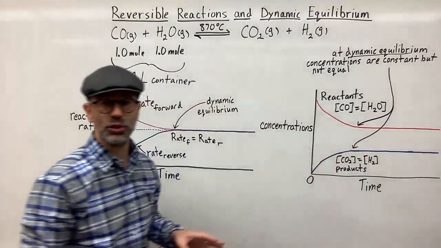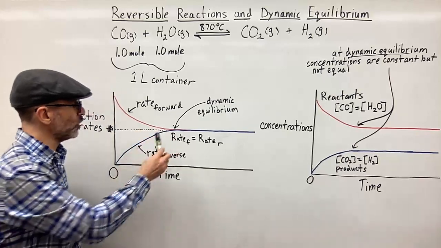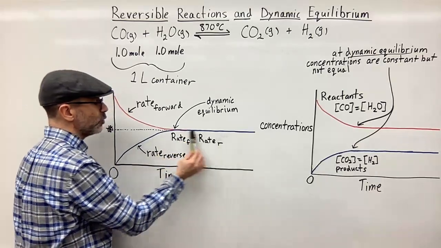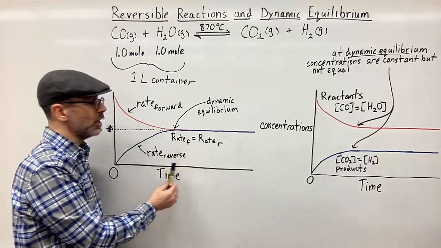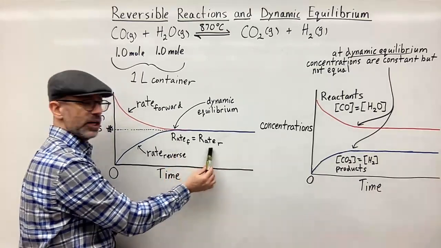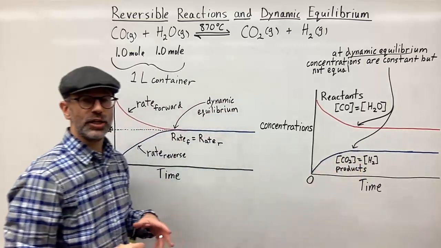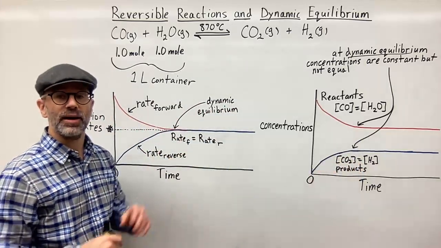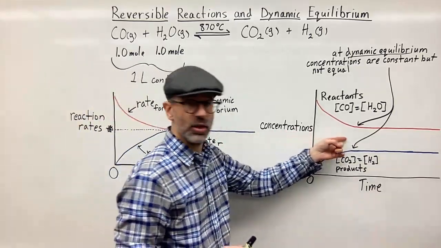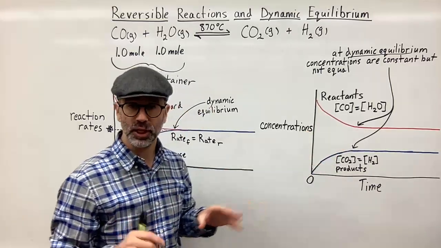Now, the thing I want to point out and stress is that when you reach dynamic equilibrium, that is referring to the fact that the rate of the forward reaction is equal to the rate of the reverse reaction. The rates are equal, not the concentrations. The concentrations might be equal, but more likely than not, the reactant and product concentrations are not going to be equal.